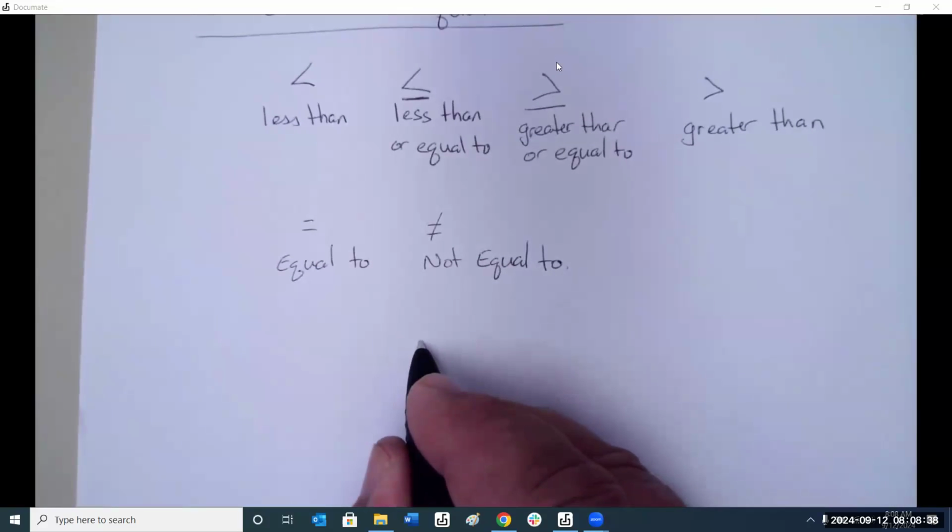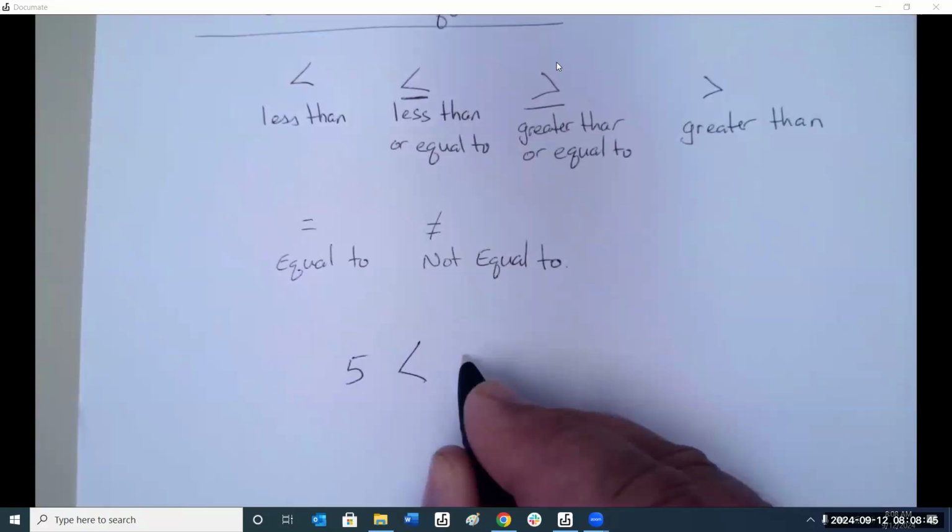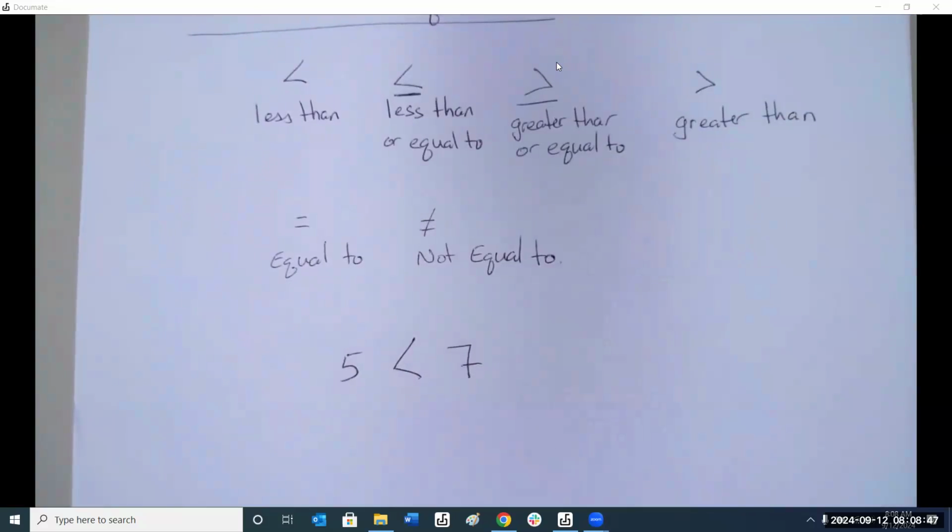Well, if I give you this, does that mean anything by itself? What do I need to make it mean something? I need values on both sides. This is what we call a binary operator, because you need two numbers. It's like plus, minus, divide, multiply, and equal sign. Those don't mean anything unless you have two numbers, one number on both sides. They're called binary operators.